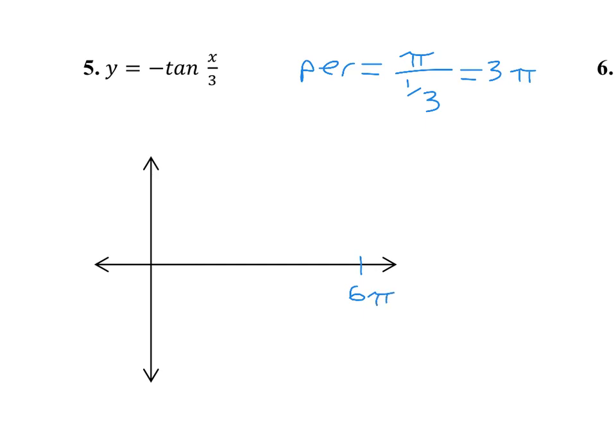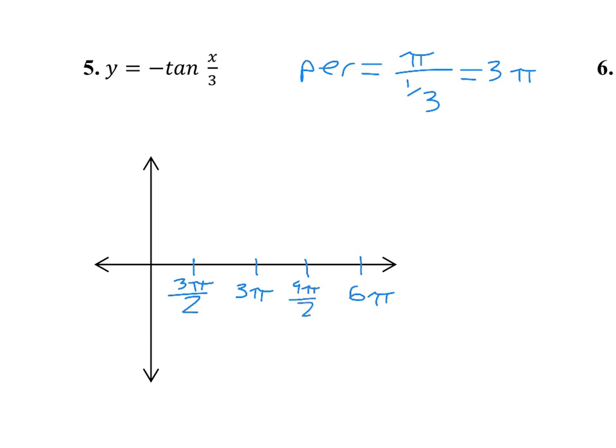So I'm going to graph 6 pi on the x-axis. Let's cut that into 4. 6 pi divided by 4 is 3 pi over 2, so the halfway will be 3 pi. This will be 3 pi over 2, and then 3/4 of the way will be 9 pi over 2.